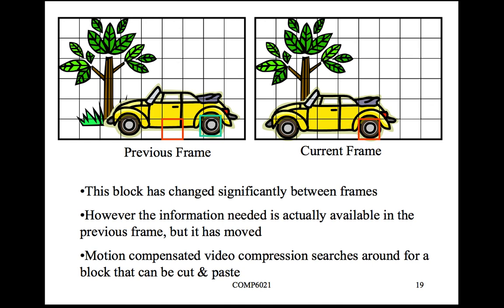So for this block, the transmitter would say, you have this block, but actually you'll find it 8 pixels over and 2 pixels up, or 18 pixels over and 2 pixels up from where you were expecting to find it. So it doesn't actually start here, it starts here.